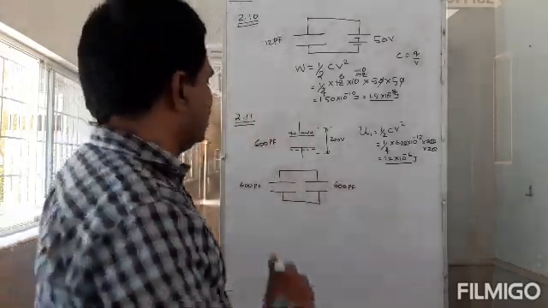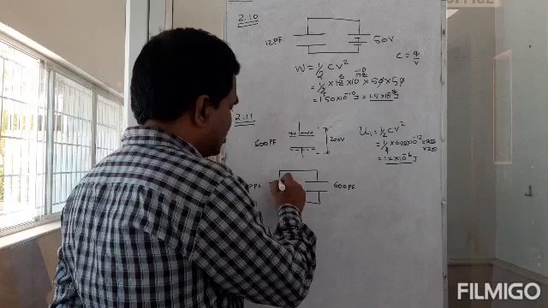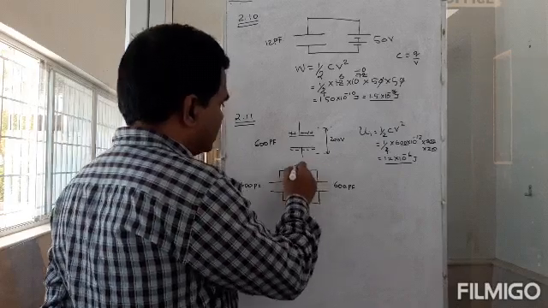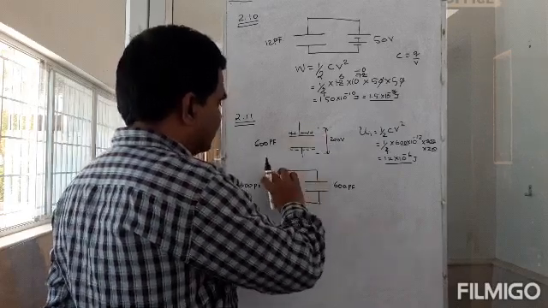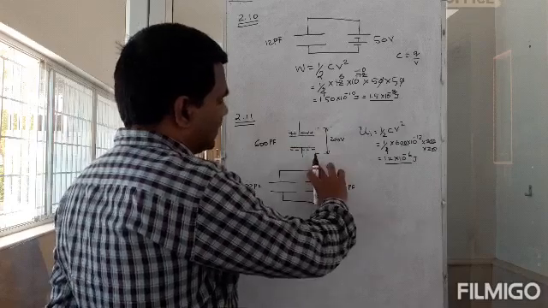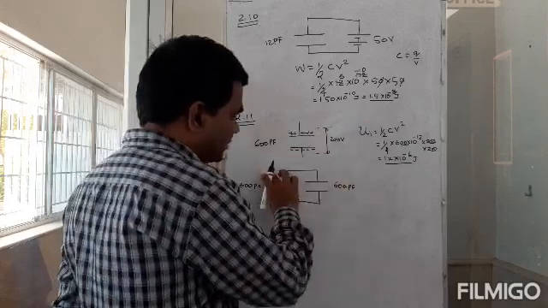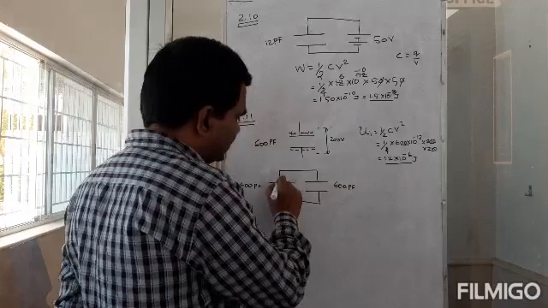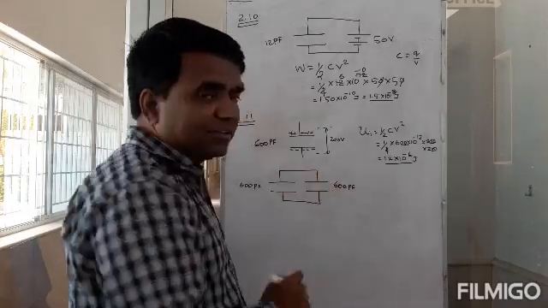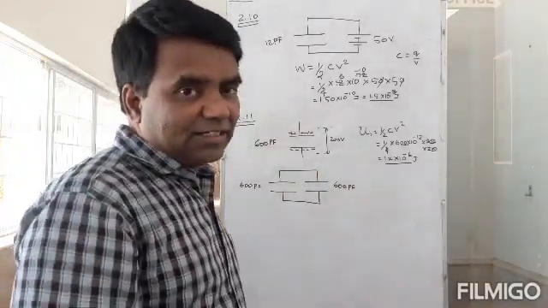We said that the charges will start flowing from this capacitor to the other capacitor. This is a charged capacitor, and I am connecting one more capacitor here. So this is at a higher potential, that at a lower potential, so the charges will start flowing from here. There will be charge sharing that will take place.